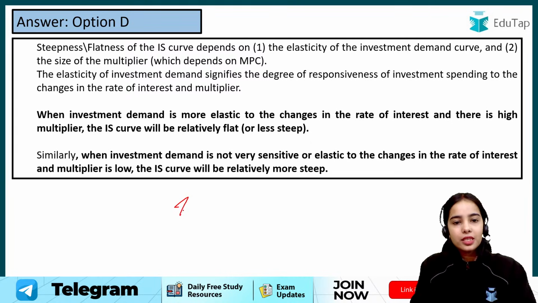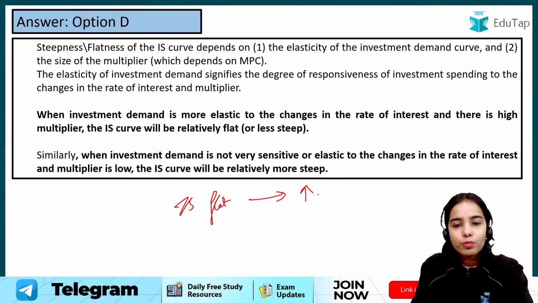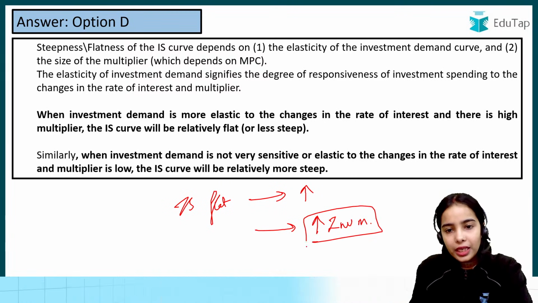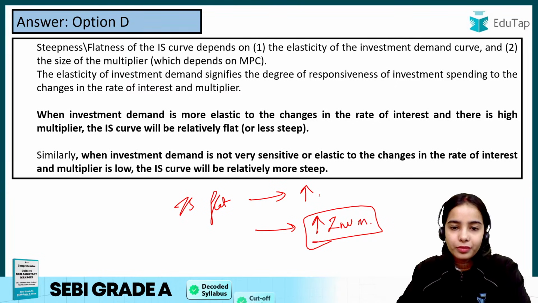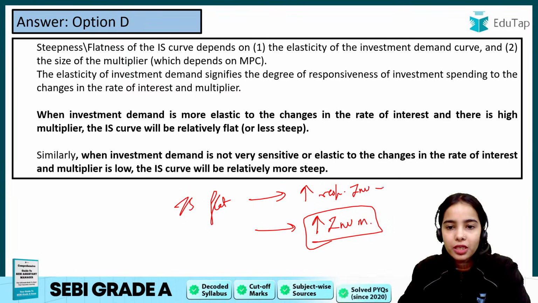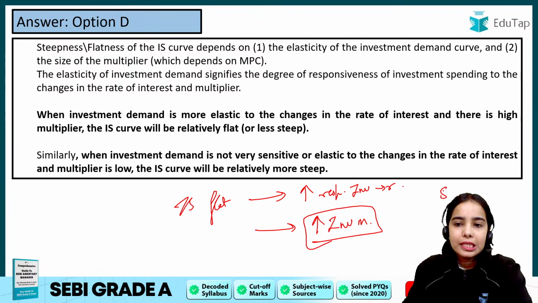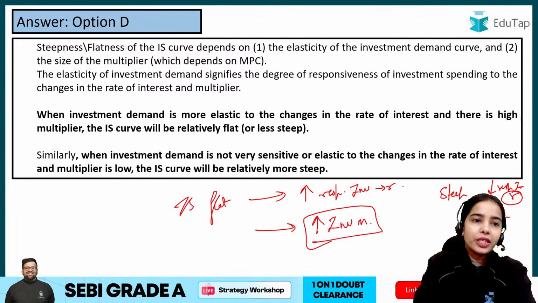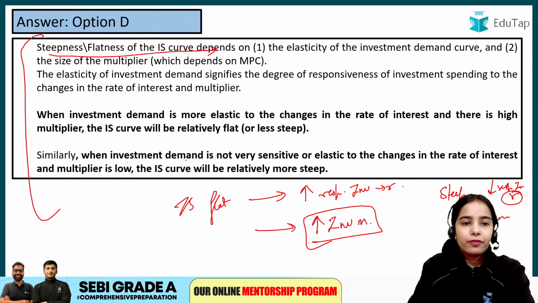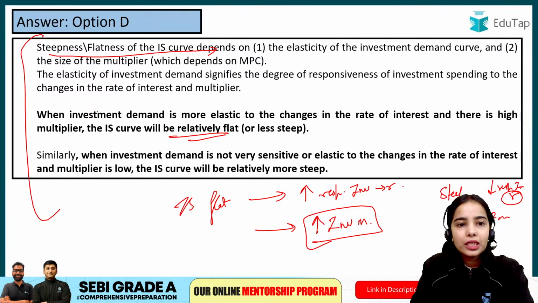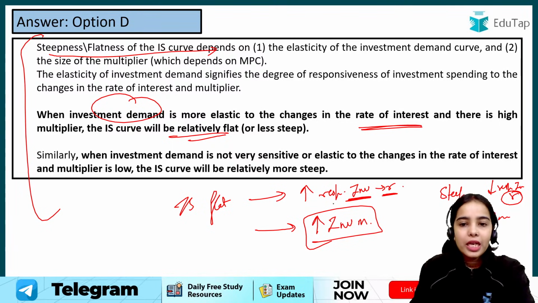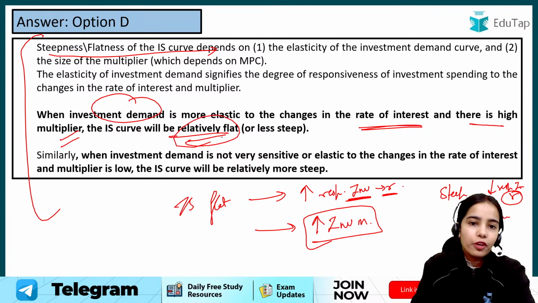The IS curve will be steep when there is less responsiveness of investment to the rate of interest, and when there is a lower investment multiplier. You can read this on the steepness and flatness of the IS curve.